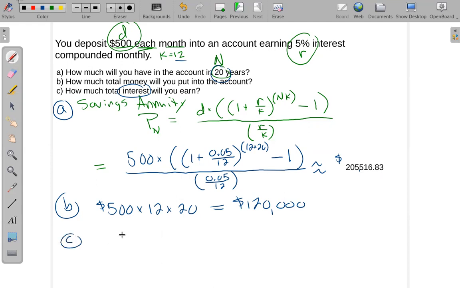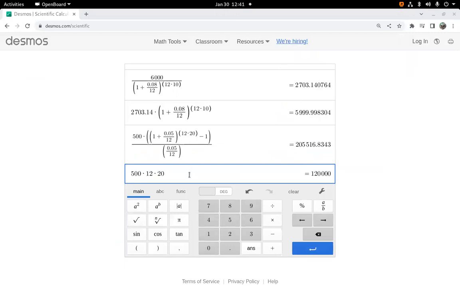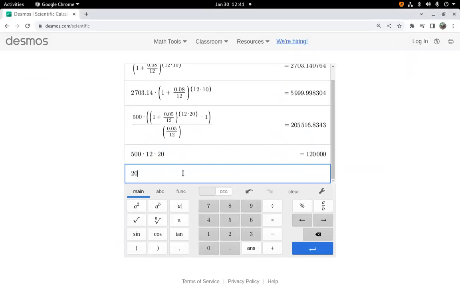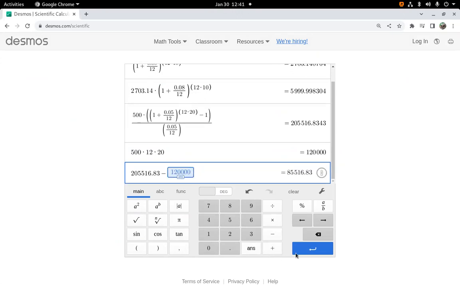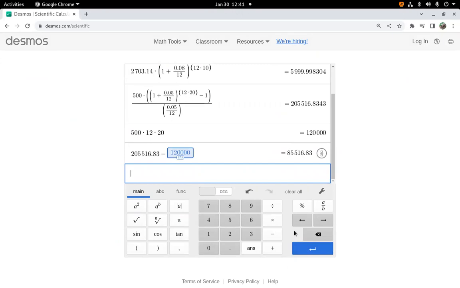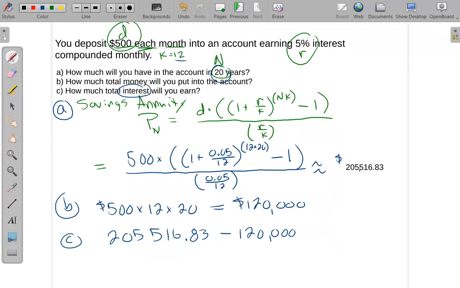So part C, if I take my $205,516.83 that will be in my account at the end of 20 years, and I subtract my 120,000, the difference in what I paid and what I get should be my interest, my profit. $205,516.83 minus that previous answer, 120, means I have a profit of 85,000 plus. And so this would be my total interest earned over that time.